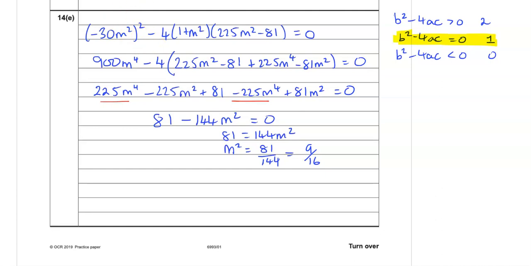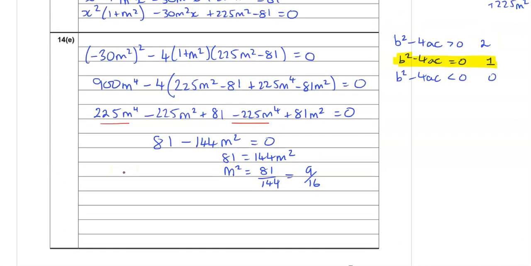Now, substituting that in, I'm running out of a little bit of space here, so we've got x squared times 1 plus 9 over 16, take away 30 lots of 9 over 16 x, plus 225 lots of 9 over 16 minus 81 is equal to 0.